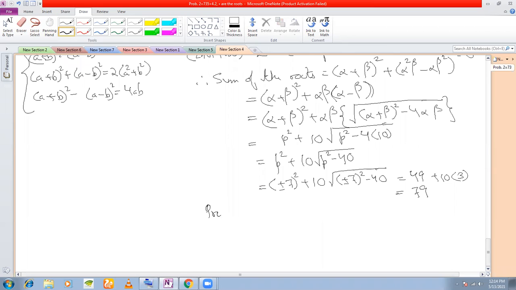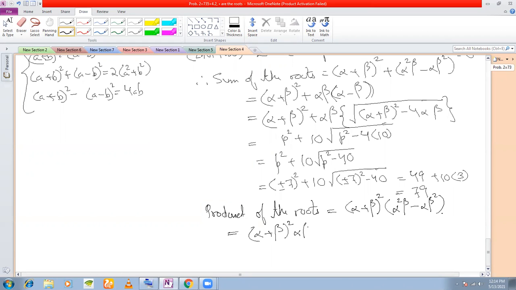Next, product of the roots. Product of the roots is equal to, first root given to you is alpha plus beta square, and the next root that is given to you is alpha square beta minus alpha beta square, right? We will work in a very similar manner. We'll express everything in terms of alpha plus beta and alpha beta.